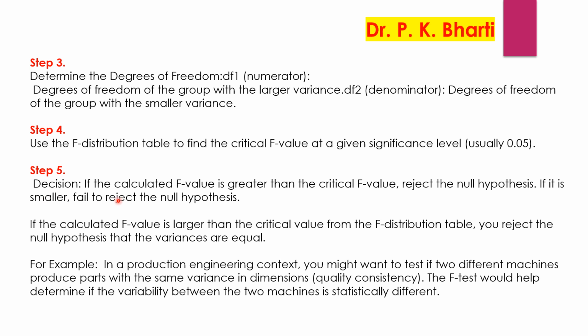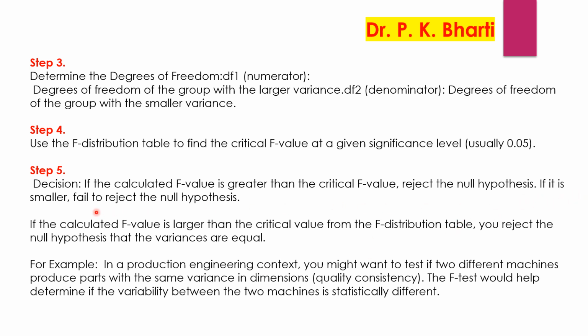Then in step 5, we compare the calculated value and the test statistic value. That is, we compare the calculated F value with the critical F value. If the calculated F value is greater than critical F value, null hypothesis is rejected.